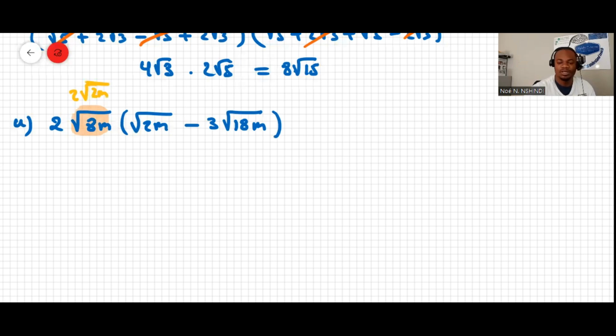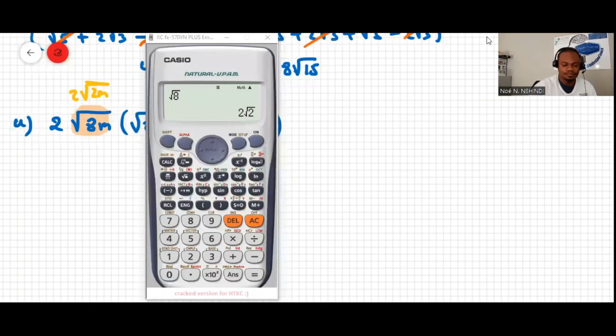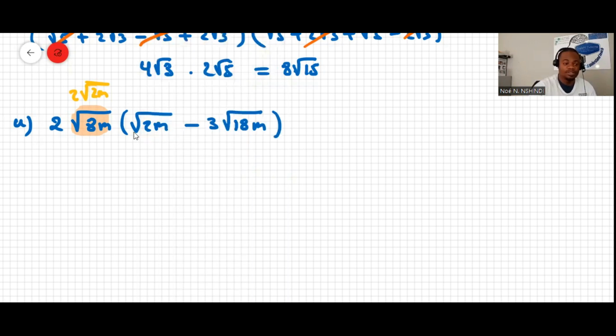Because if I do square root of 8 in the calculator, see? It makes 2 root 2. So over here I write just 2 root 2m, because the 2 here is still in the root, and then m also.